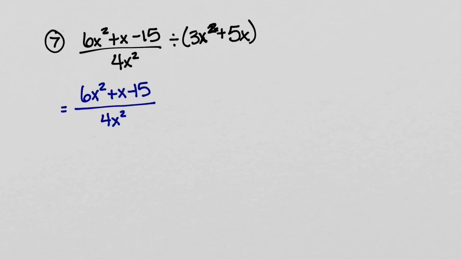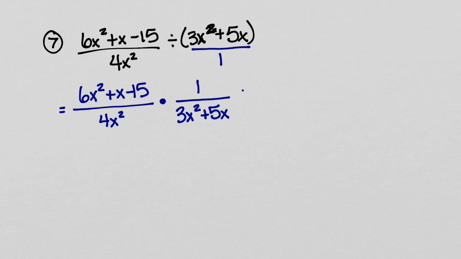And instead of divide, we're going to multiply, and I flip this fraction. Remember, if this fraction doesn't have anything in the denominator, its denominator is 1. So when I flip it, I have a 1 on top, and I have 3x squared plus 5x on the bottom. Now we need to factor things as much as we can.